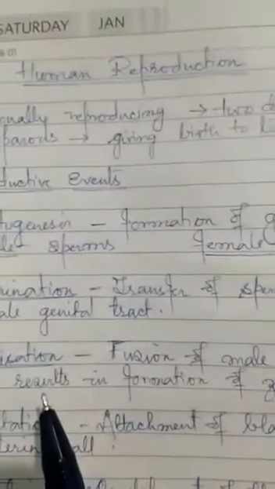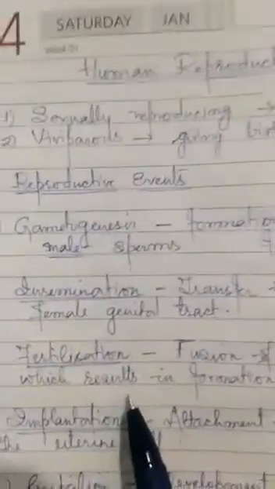Again, I am repeating, fertilization is the fusion of male and female gametes that results in formation of zygote. So if the sperms transferred into the female genital tract come in contact with the ovum, it results in formation of a zygote.